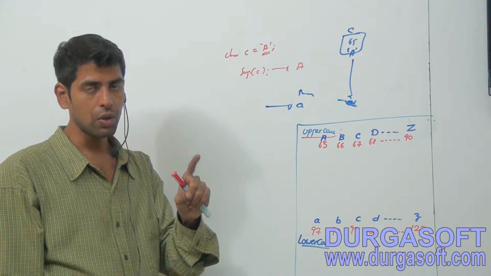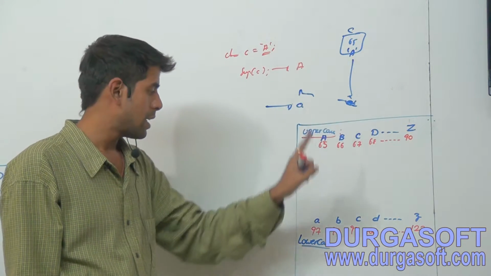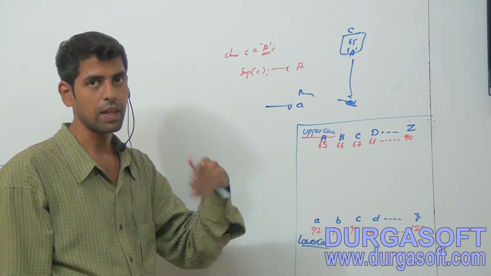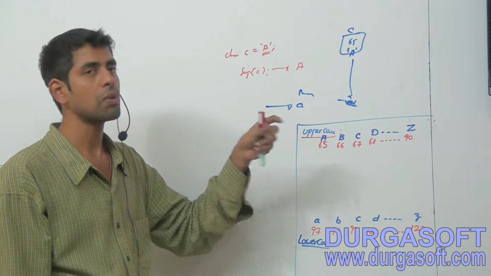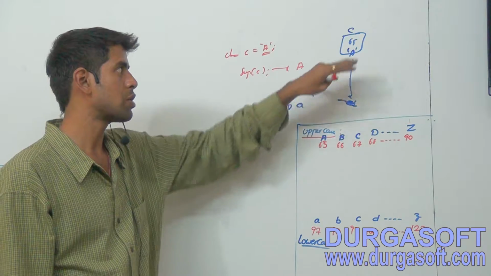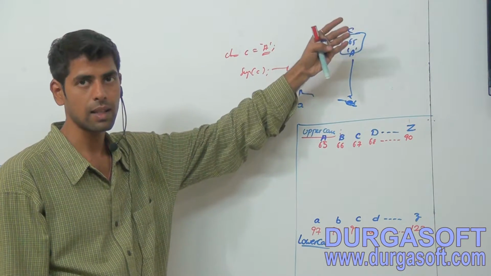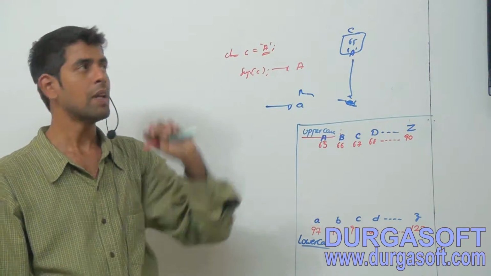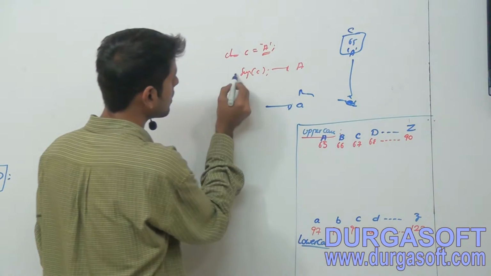I will give 97 to the JVM. At the time of printing, it will give A to me. It will store 97 internally.